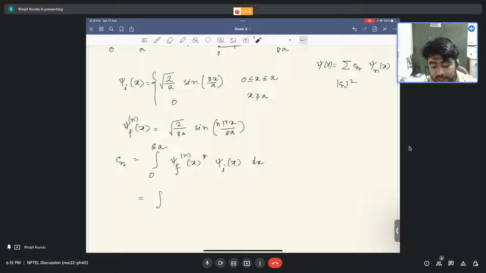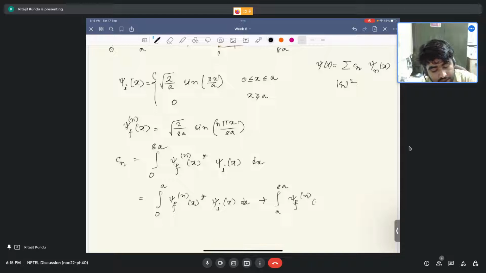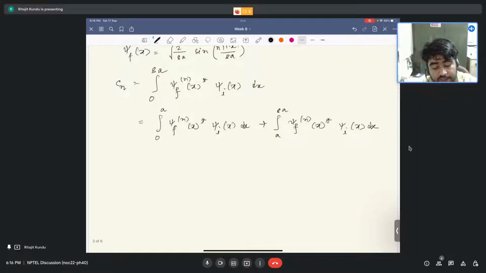That makes our life a little easier, so we can replace the limits by 0 to a of psi_f^n(x)* psi_i(x) dx plus a to 8a of psi_f^n(x)* psi_i(x) dx. Between a and 8a, psi_i is 0, so we are only left with 0 to a of psi_f^n(x)* and psi_i.